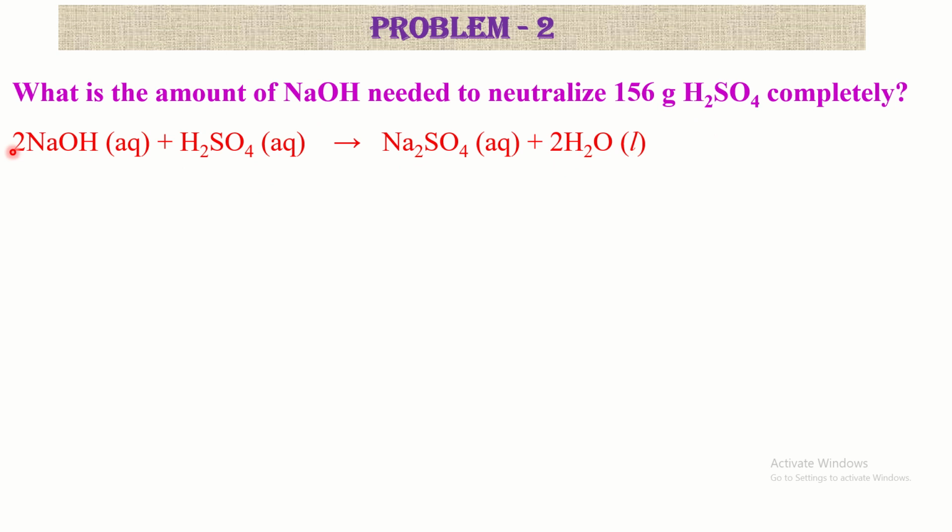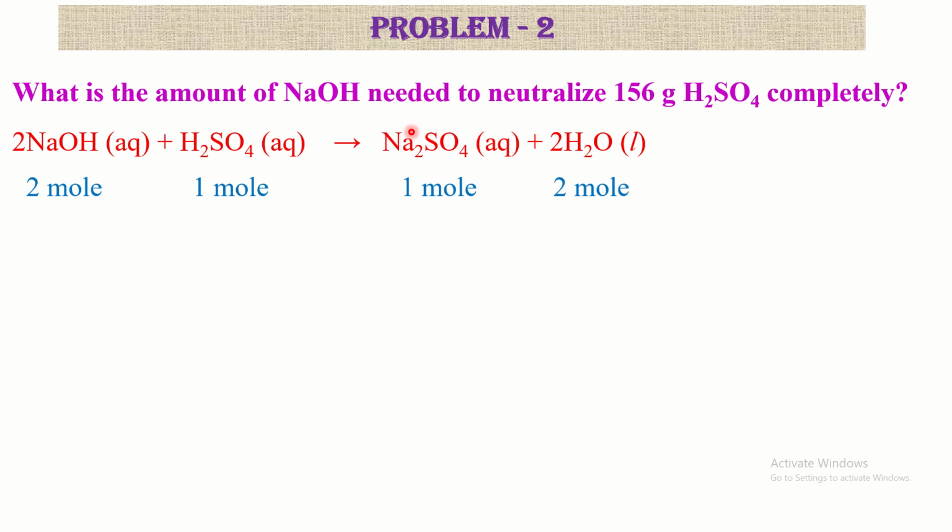Because you know when a base and an acid react, they produce salt and water. And obviously you will balance the reaction. Look, here 2 mole sodium hydroxide reacts with 1 mole sulfuric acid and produces 1 mole sodium sulfate and 2 mole water. Now look, here only the reactants are given in the question.